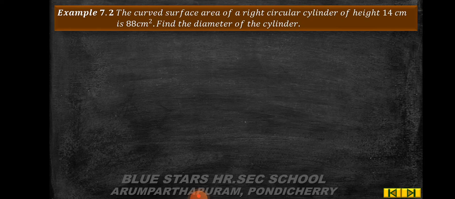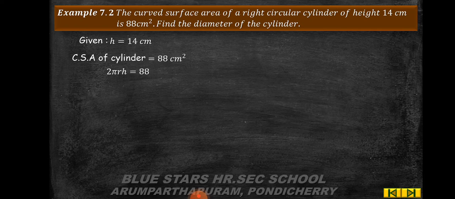Given h is equal to 14 centimeter and CSA of a cylinder is equal to 88 centimeter square. We know CSA of a cylinder is 2 pi r h is equal to 88. Here you just substitute the value of pi and h. So 2 into 22 by 7 into r into 14 is equal to 88.